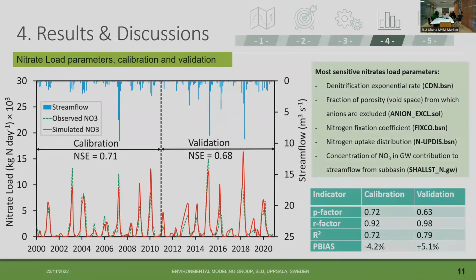So there were high uncertainties with that. But since it's highly correlated to the stream flow, because we were using the loads, we found a reasonable evaluation for it. And the sensitive parameters are as shown there.